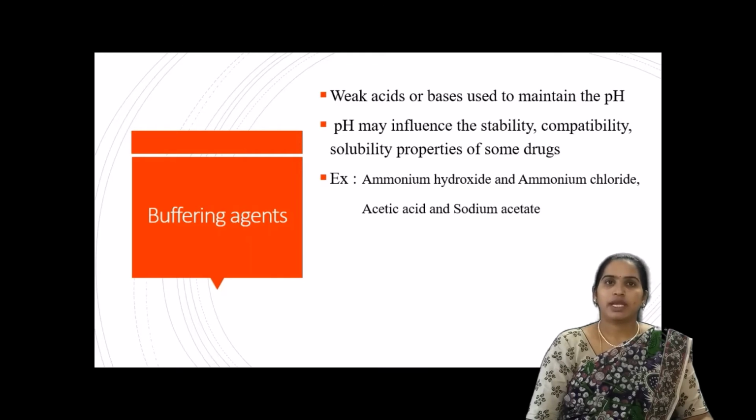As pH may influence the stability, compatibility and solubility of some drugs, it is necessary to maintain the pH in the desired range. Examples of buffering agents used in pharmaceutical aerosols are ammonium hydroxide and ammonium chloride, and also acetic acid and sodium acetate.